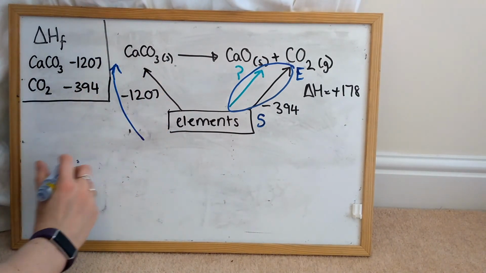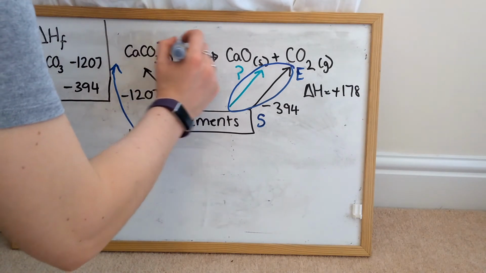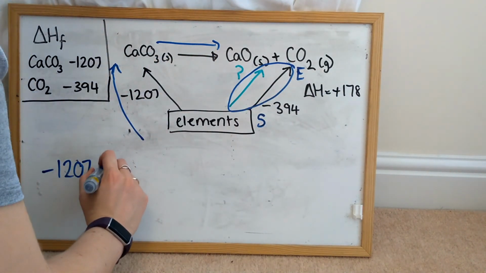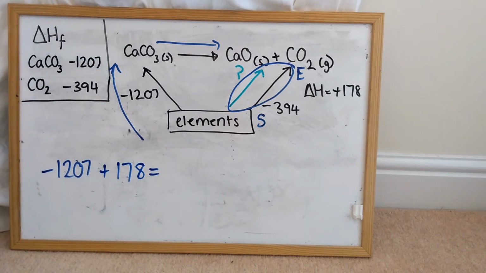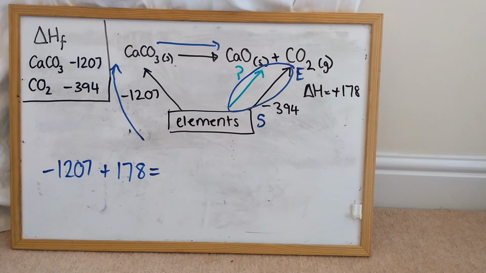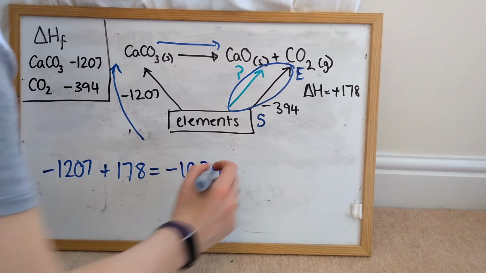So I'm going the right way up this arrow, and then I go along here. So again, the right way along this arrow, and my value for that is over here. If I add those two numbers together, then I get a total of minus 1,029.